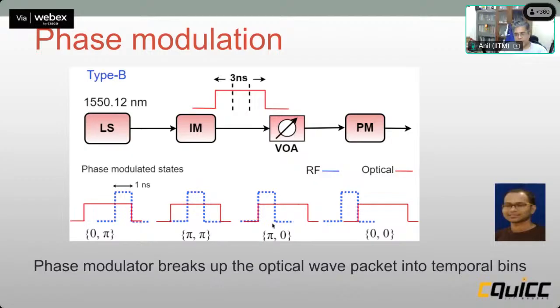Out here, if you're adding the phase once, you'll get a pi and a 0 phase shift. If the phase shifter is out of the optical pulse, you get a 0, 0, right? So depending on where you locate the phase modulator in blue within the optical pulse, which is in red, you will get a different phase condition.